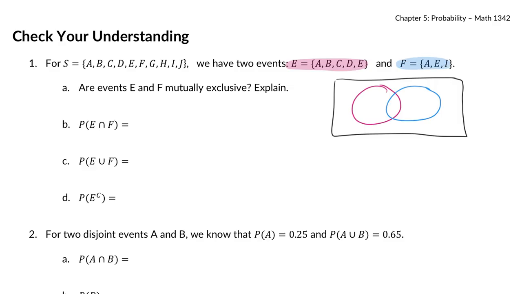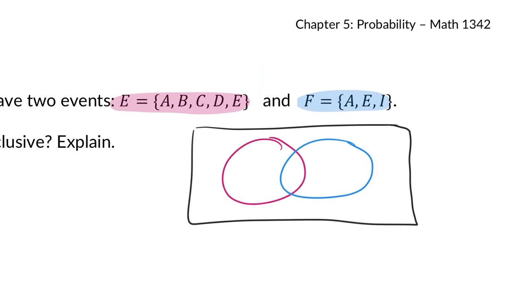But I notice that some of those letters are the same for both E and F, correct? What 2 letters are in both event E and F? A and E. So I'm going to put A and E in the overlap because they are in both events. Now, I need to fit the rest of the letters in event E in that pink circle.